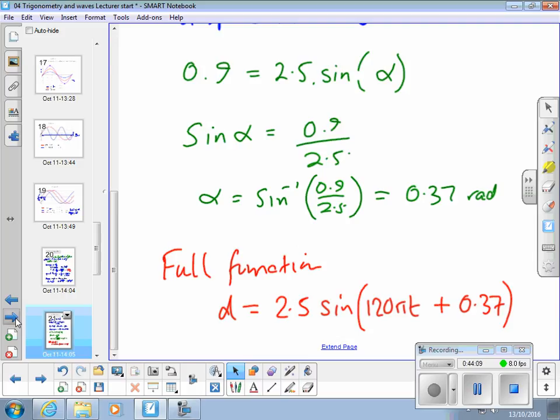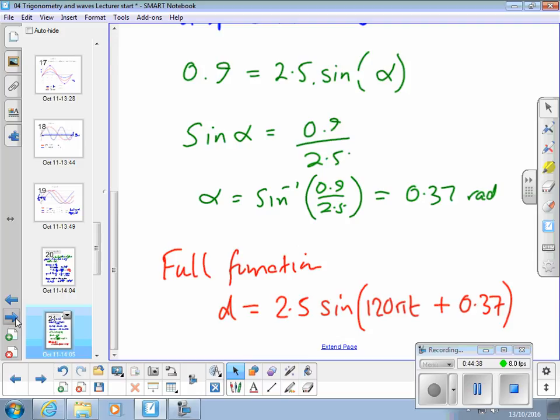It's about breaking the problem down, and this is about understanding that standard form of the sine wave: amplitude times the sine of a frequency in omega t plus or minus the phase angle alpha. You need to understand that form, what each part of it is and does. The displacement at time equal to 0 is 0.9.